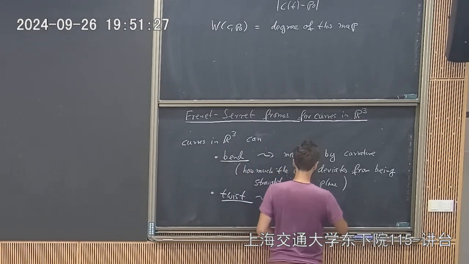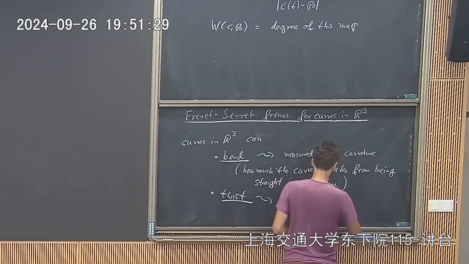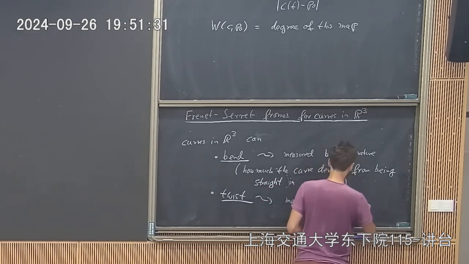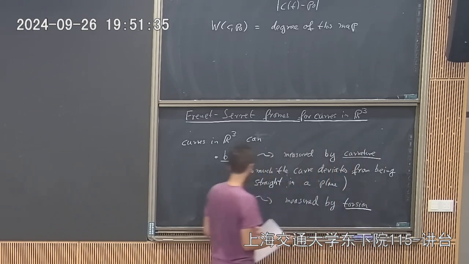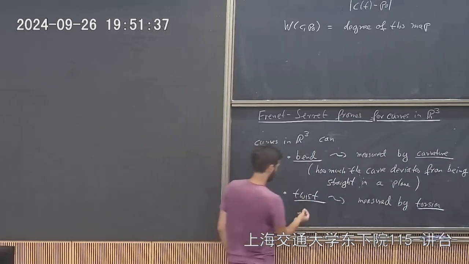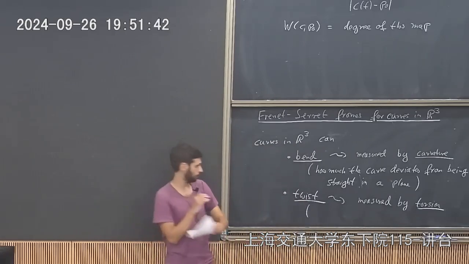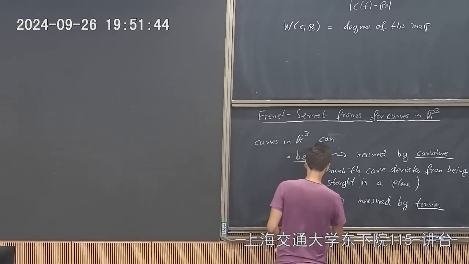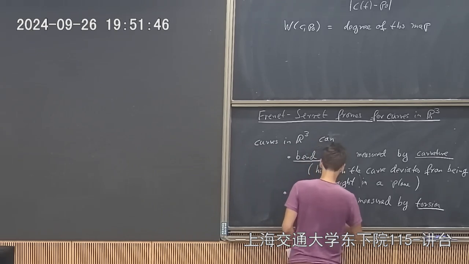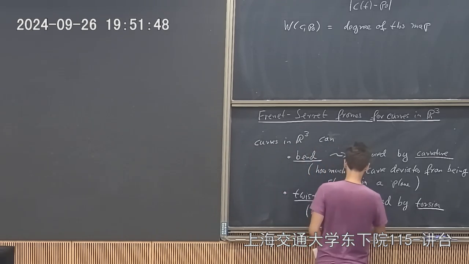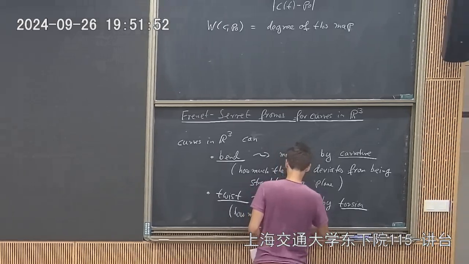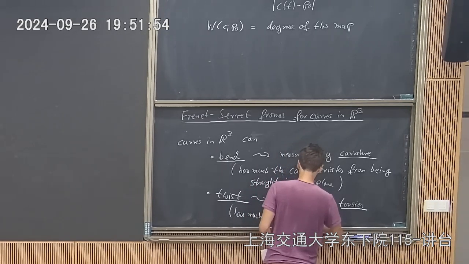It's measured by what is called the torsion of the curve. And as I try to illustrate by the sheet of paper moving along the curve, that measures how much this plane rotates.